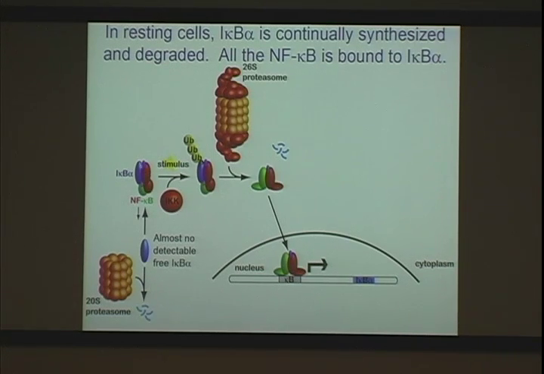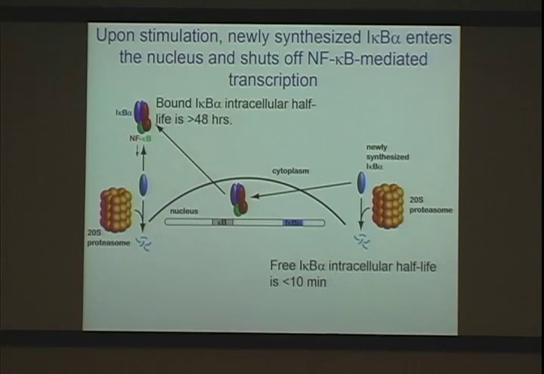In order for this inhibitor to be released from NF-κB, it has to be phosphorylated and ubiquitinated on an N-terminal segment that is not seen in the crystal structure. That targets the complex to degradation by the proteasome, releasing NF-κB to then translocate to the nucleus and start transcription of NF-κB activatable genes.